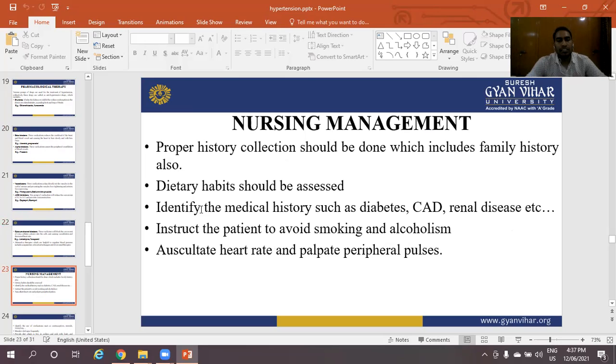Identify the medical history such as diabetes, coronary artery disease, renal disease, etc. Instruct the patients to avoid smoking and alcoholism because they cause hypertension. Auscultate heart rate and palpate peripheral pulse. These are the nursing management of hypertension.